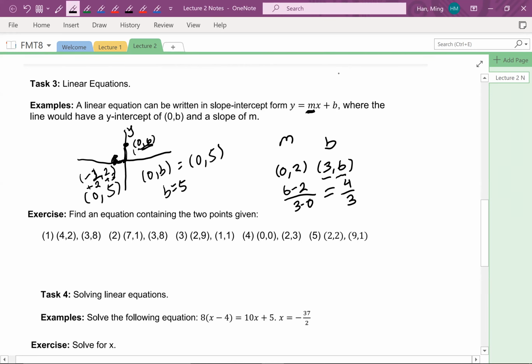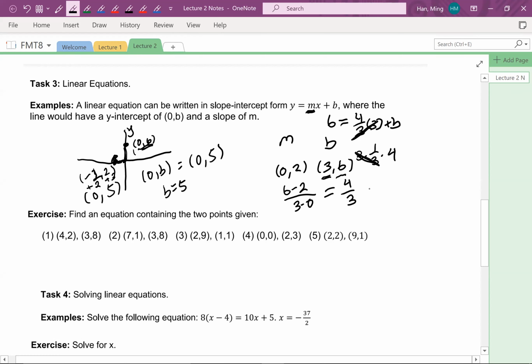So how can we substitute that in? We have the y value of 6. So 6 is equal to the slope, which is 4 over 3, times the x value, which is 3, plus b. And now you calculate the equation for b. This cancels out, since 3 times 4/3 is equal to 3 times 1/3 times 4, and 3 times 1/3 equals 1.